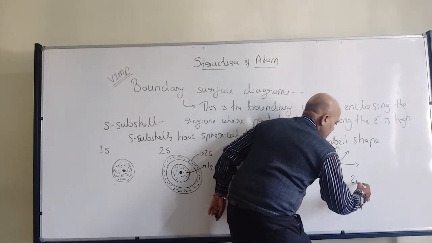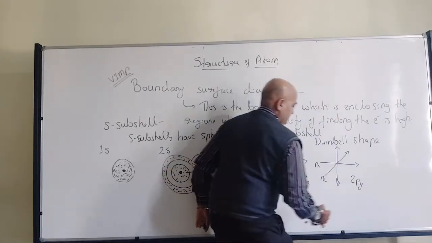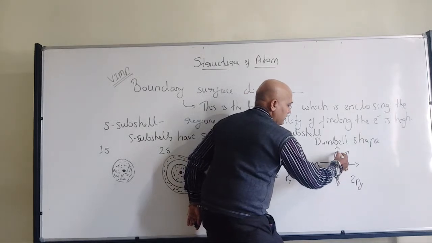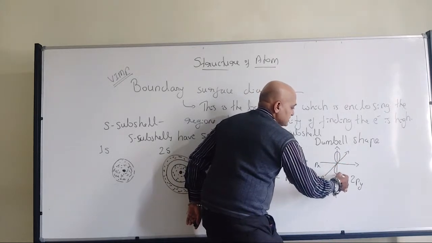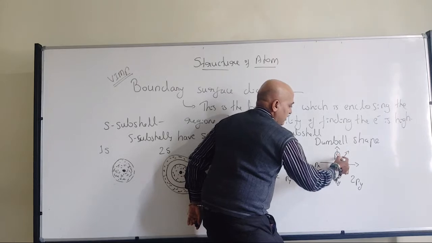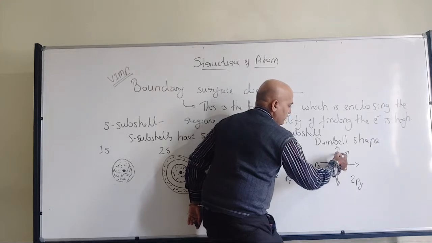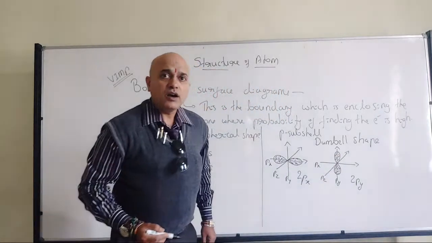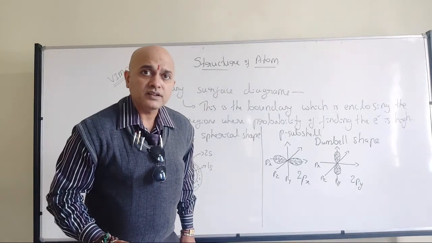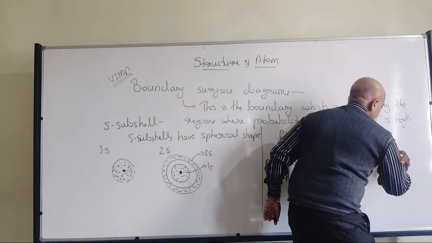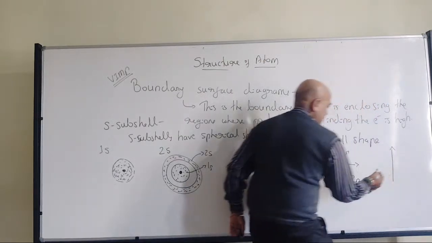Now the next one will be 2py. That means it should be along the y-axis. That's what I mean to tell. This will be along the y-axis. All of you have understood? Okay, now the last one, because the p subshell will have 3 orbitals. Observe it once again.